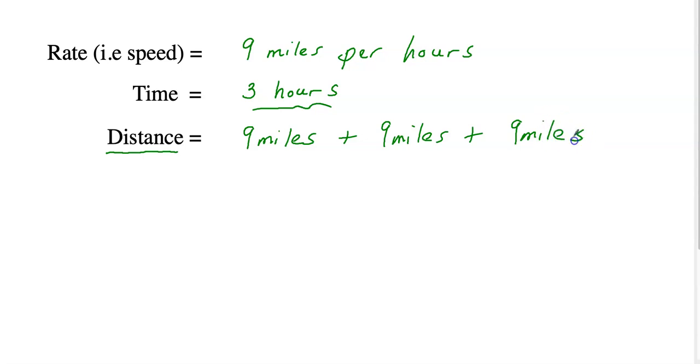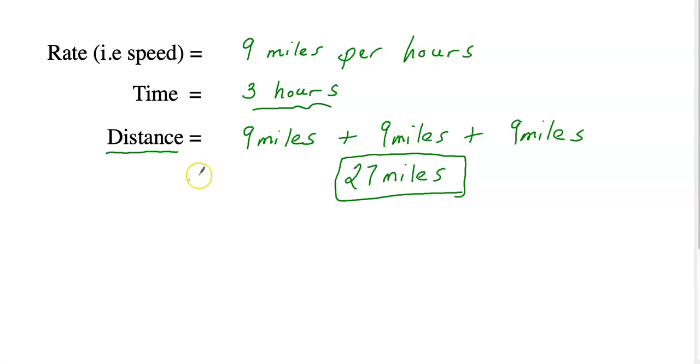Hopefully that makes sense. I'm using repeated addition. 9 miles in the first hour plus 9 miles in the second hour plus 9 miles in the third hour. So a total of 3 hours here, and 9 miles plus 9 miles plus 9 miles is 27 miles. So that would be my distance covered.